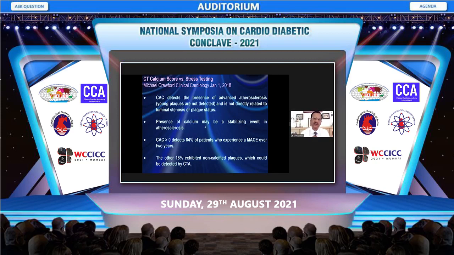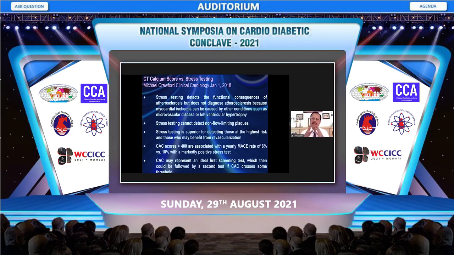Now, considering that the major events are pretty high, stress tests probably need to go down in terms of just evaluating it right and left and doing it in health checkups. It adds nothing, because a treadmill stress test, a basic exercise test, will detect the functional consequences of atherosclerosis. It's not a proof of atherosclerosis.